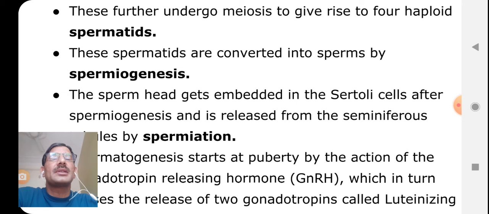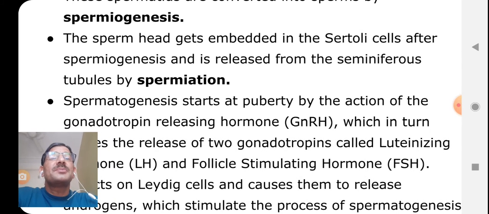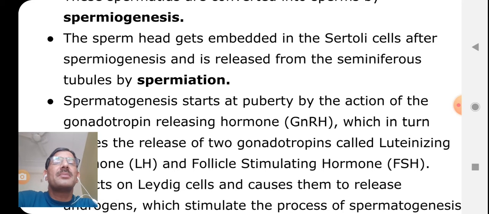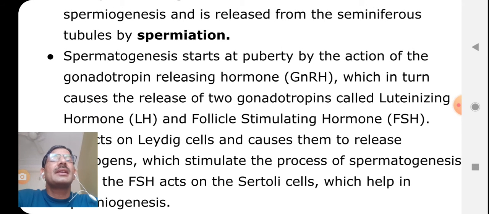This is transformation, and sperm head gets embedded in the Sertoli cells. Important second type of cell in the seminiferous tubule, that is Sertoli cells. After spermiogenesis, sperm is released from the seminiferous tubules by the process called spermiation. So spermiation is the release of mature sperms into seminiferous tubules.